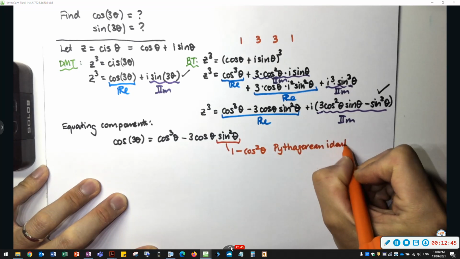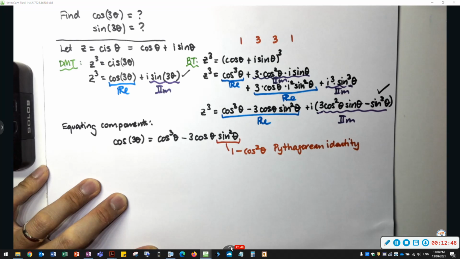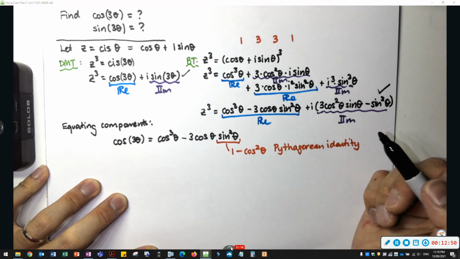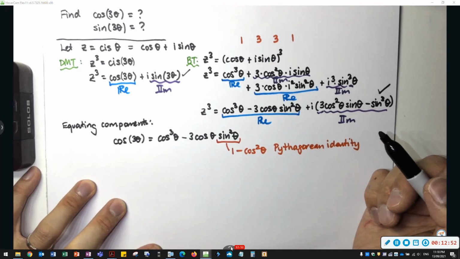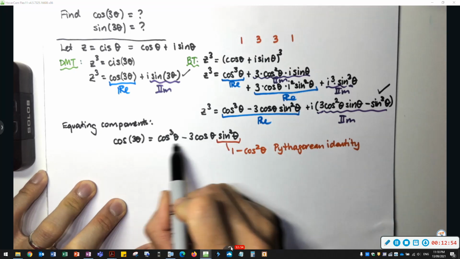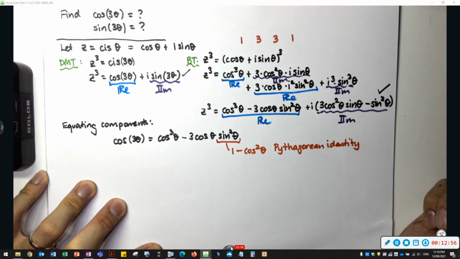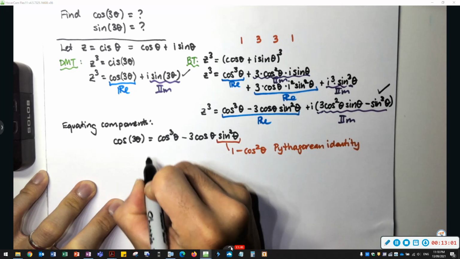If you like, you can pause this video again and just have a go at changing it all in terms of cos theta. So now I'm going to go through that solution and show you what it looks like.